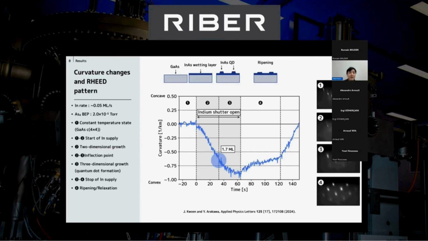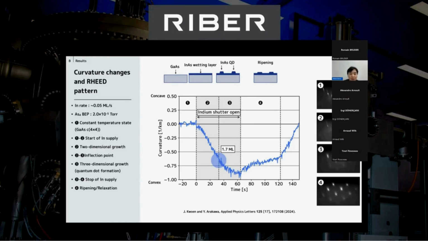Okay, this is the result of our work. First, in the RHEED pattern before time 0, at number 1, there is a by-4 streak pattern coming from the gallium arsenide, which indicates a smooth gallium arsenide layer.